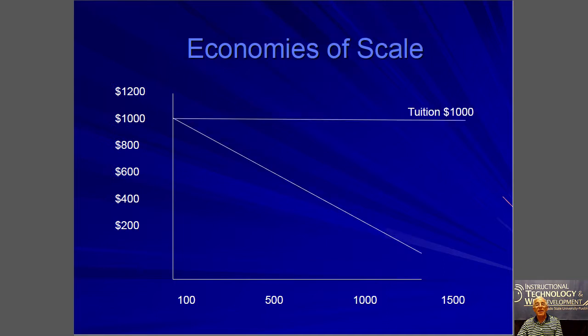Let's pretend this is Colorado State. And to make the math easy, nobody get mad at me, let's say tuition is $1,000. Let's also assume there's very, very few variable costs. So here's our total cost per unit. Here's our revenue per unit.